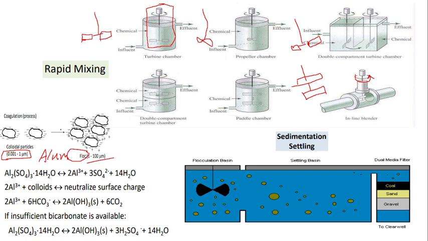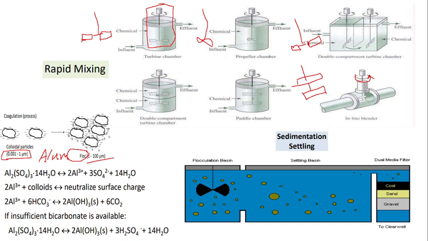Whenever it interacts with these colloidal particles, it neutralizes the surface charge of the particle. And then, in the presence of bicarbonate, these Al3+ ions will form Al(OH)3, and it will liberate carbon dioxide.